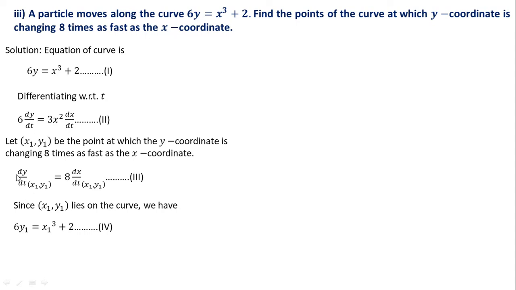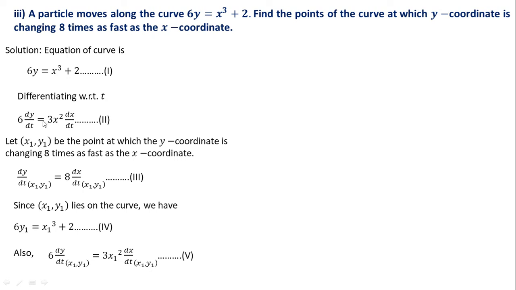See here, equation number 3 indicates the y coordinate is changing 8 times as fast as the x coordinate, and as point x1, y1 lies on the curve, we get another equation. Now also we know from equation number 2 you can write 6 times dy by dt at point x1, y1 is equal to 3x1 square dx by dt at point x1, y1.